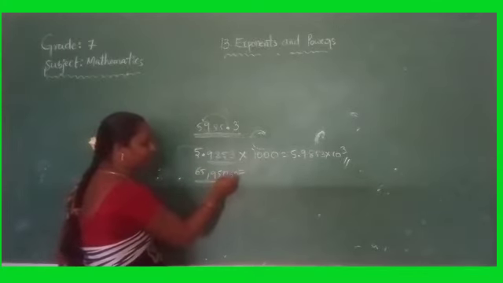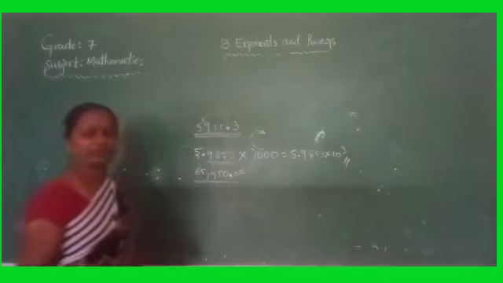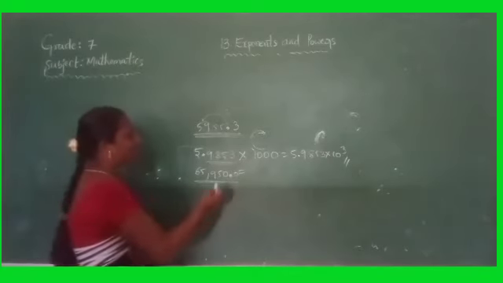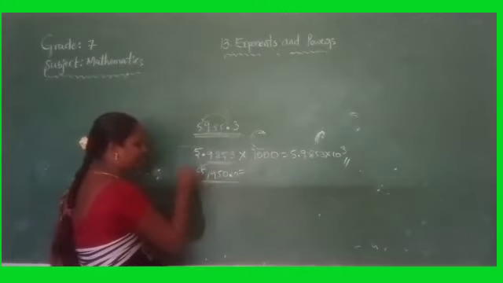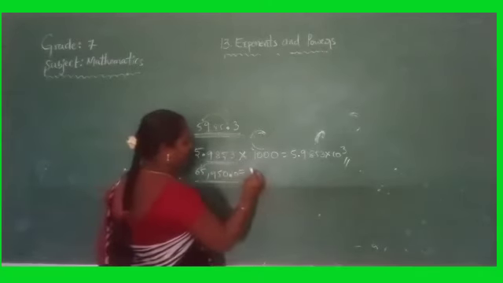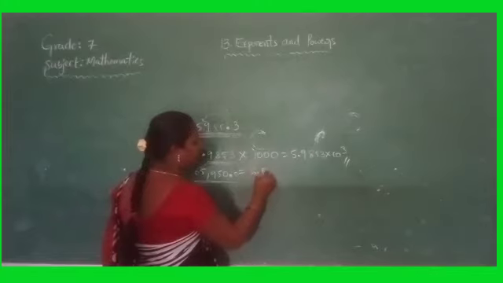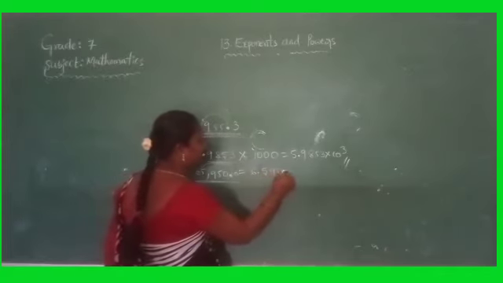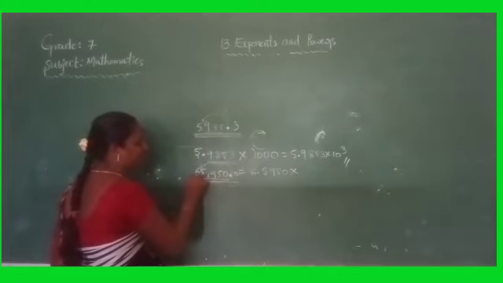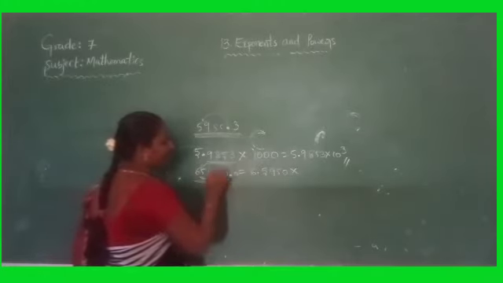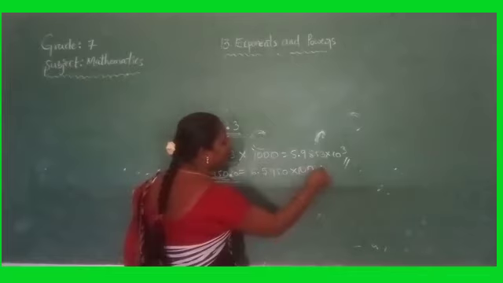So how to change this? Where do you have to shift the decimal point? After the 6, before that 5. Then 6.5950 into. Okay, how many digits are there after the 6? 4 digits. That is 10,000.